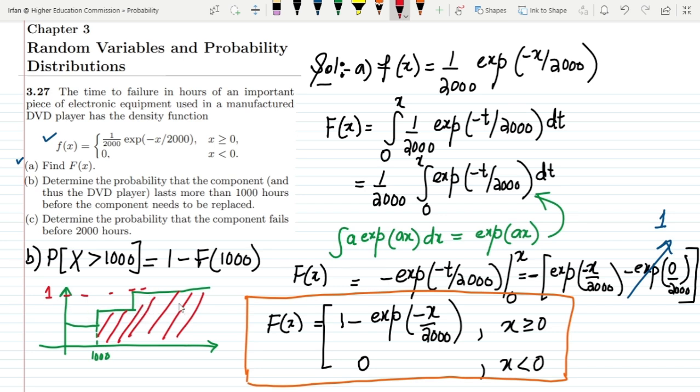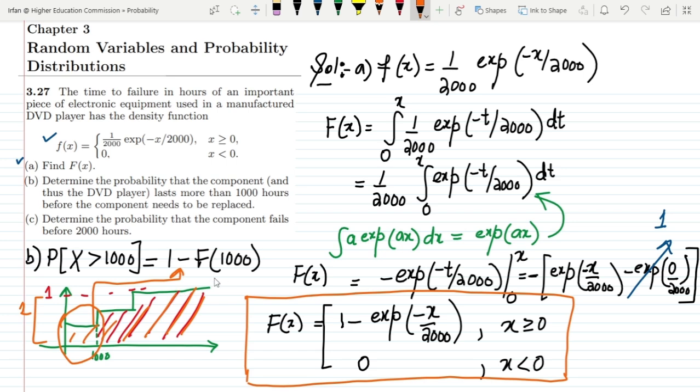So the overall area is 1, and I have to remove the lower area from it, therefore I subtract it from 1.